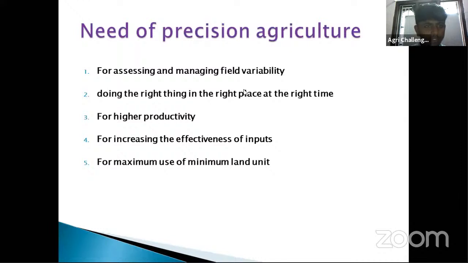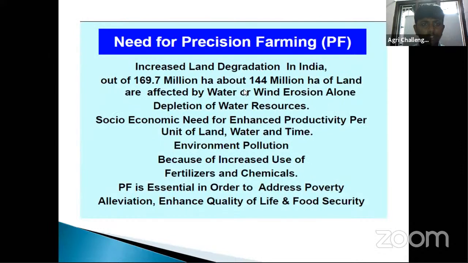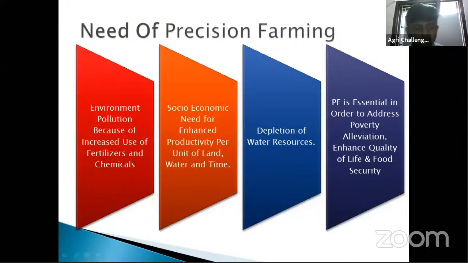Needs of precision farming. Another is increased land degradation in India due to the injudicious application of agrochemicals and fertilizers, leading to land degradation and soil salinity.